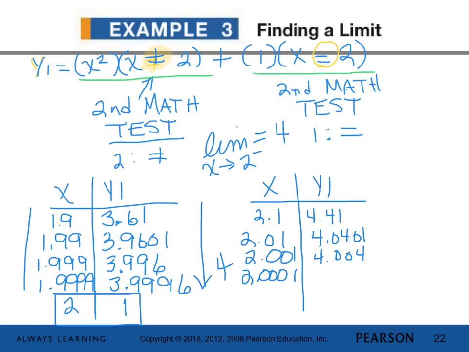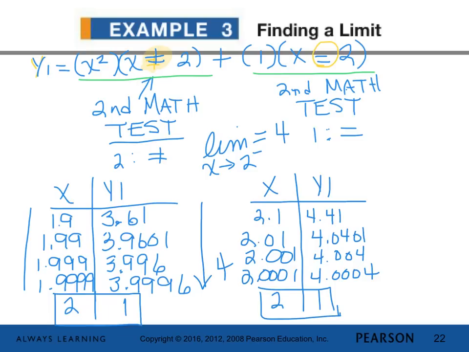And if we let x be 2.0001, it tells us that y is 4.0004. And again, you could keep adding more zeros, but if you let x be 2, once again, just as before, it says y is equal to 1.